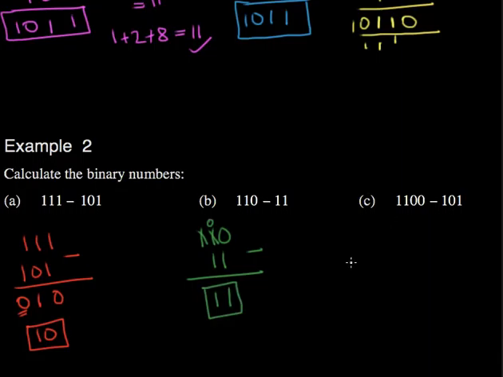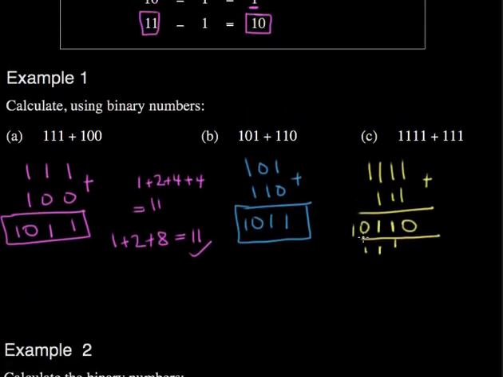Okay, in the last example, 1, 1, 0, 0 minus 1, 0, 1. So now we have to look at our 0 minus 1, we can't do. We'd have to borrow from the next column, but there's nothing there either. So now we have to borrow from the next column.